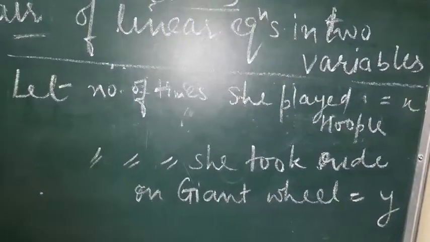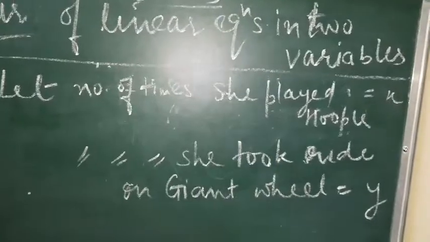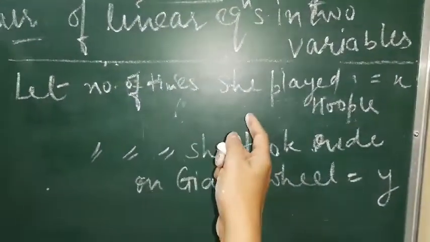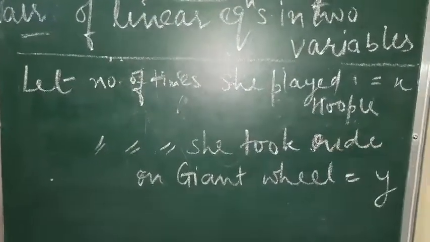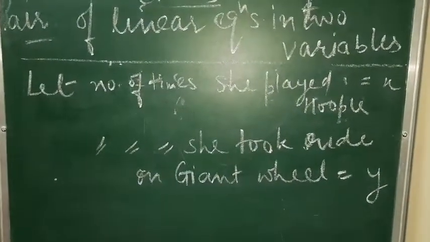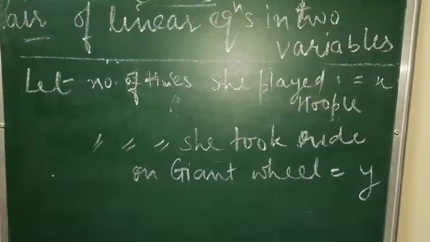One, she has taken the ride on a giant wheel. Another, she has played hoopla. Now the number of times she played hoopla, we are taking as X. And the number of times she has taken a ride on the giant wheel is taken as Y.